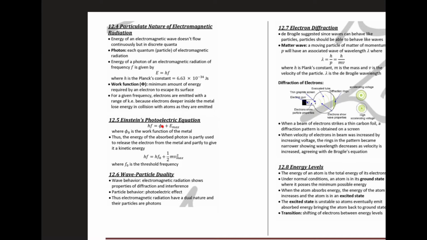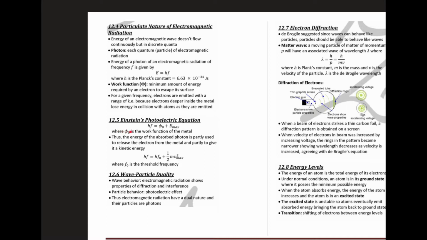And part of the energy from the UV light here is for the kinetic energy of the electrons. So left hand side is like input of energy, right hand side is how they use the energy. They use it to overcome the attraction, they use it to make the electron move. So there are two parts there. So that's why we have this equation here, which was created by Albert Einstein.